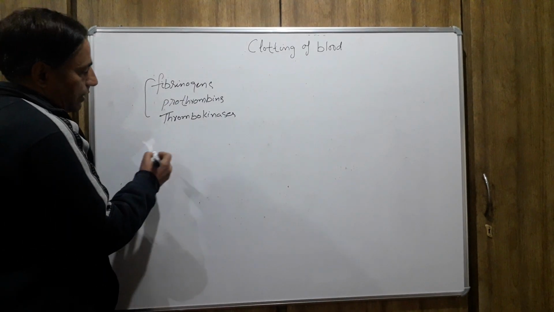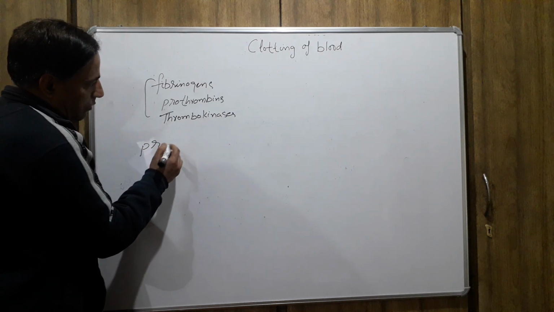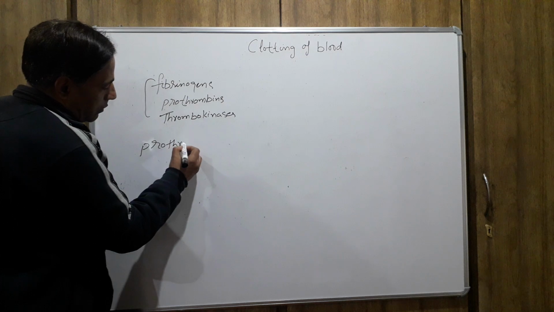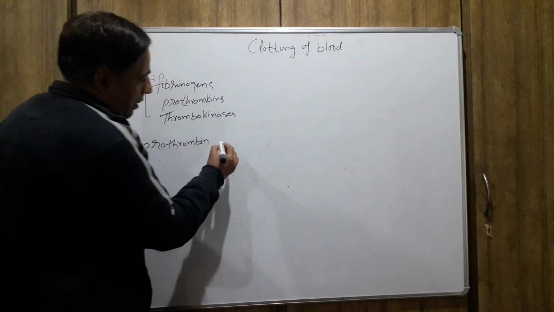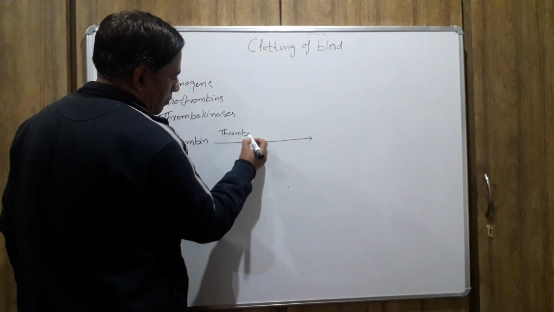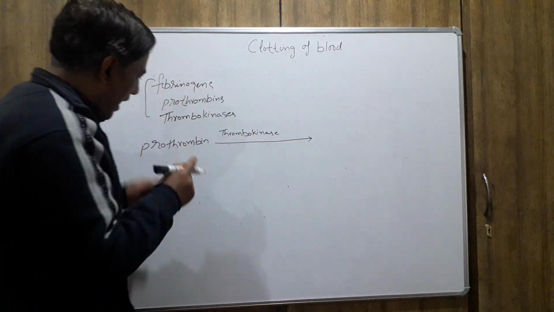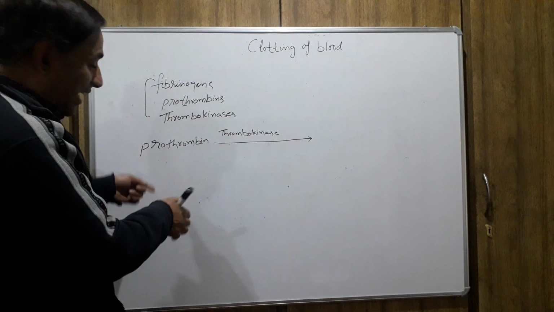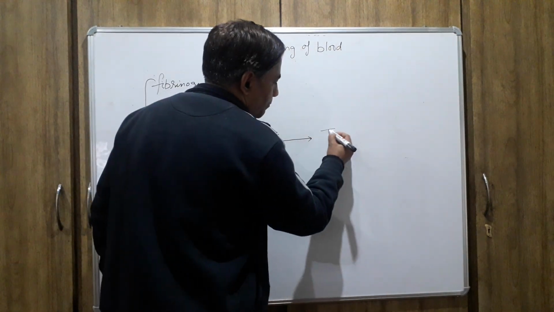For example, this is prothrombin, an inactive enzyme. The thrombokinase activates this inactive prothrombin into the active thrombin.